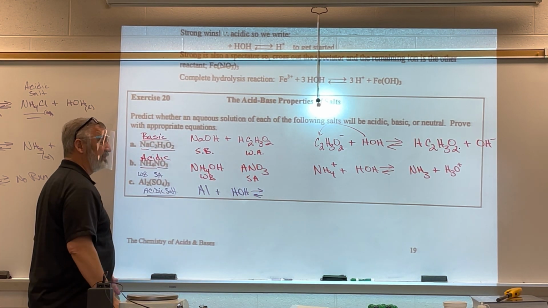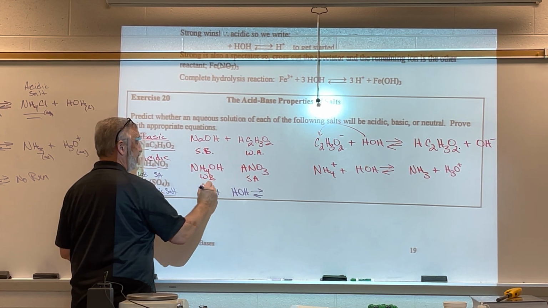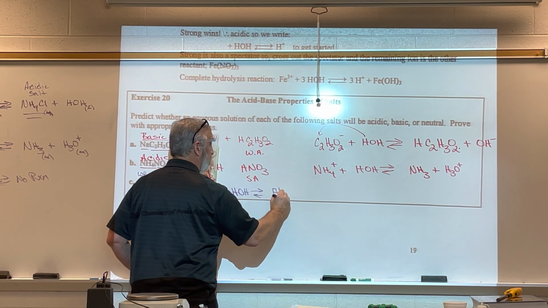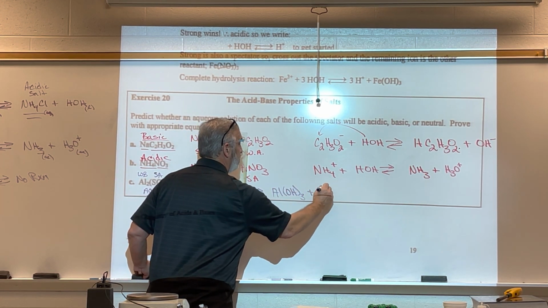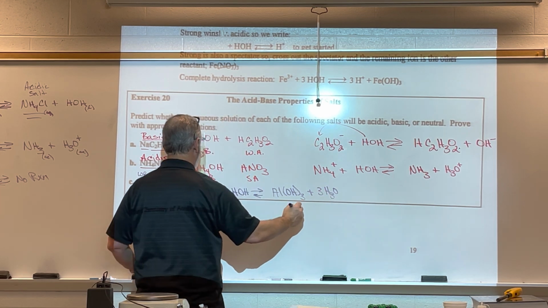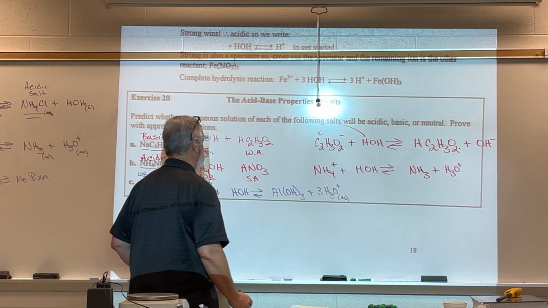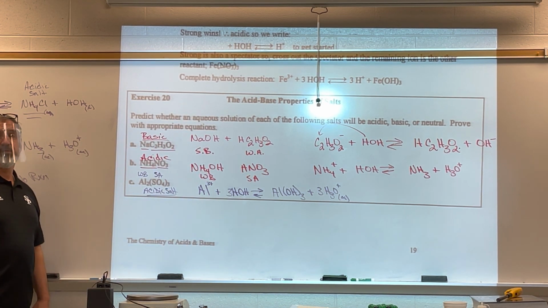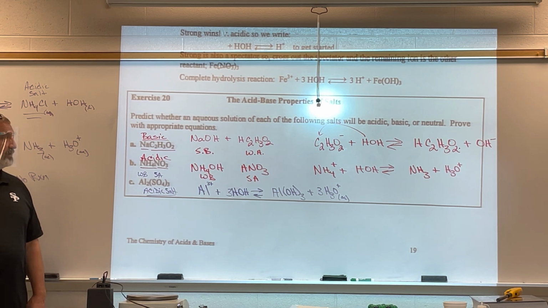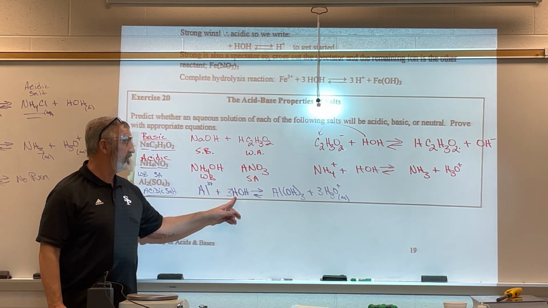And that'll make, and it's really the Al3+, aluminum hydroxide, plus 3 H3O+. So we need a 3 here. Maybe just H+. If I'm getting 3 OHs, I'm going to get 3.